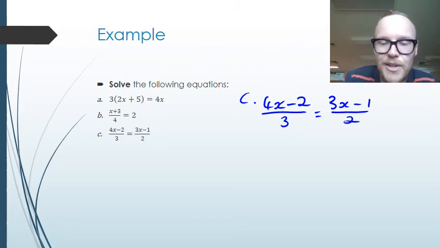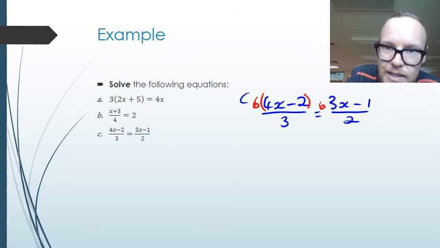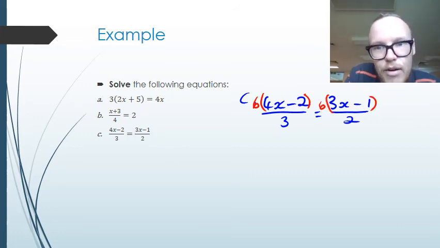If I multiply the left-hand side by 6, I'll be left with 6, and then in brackets, x minus 2 over 3. And if I multiply the right-hand side, I get 6, 3x minus 1 over 2.